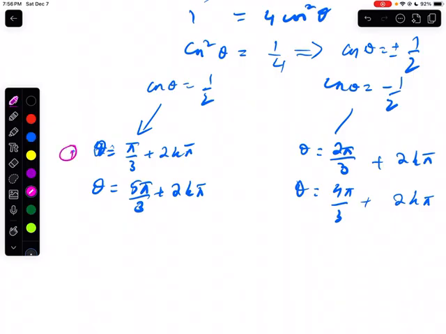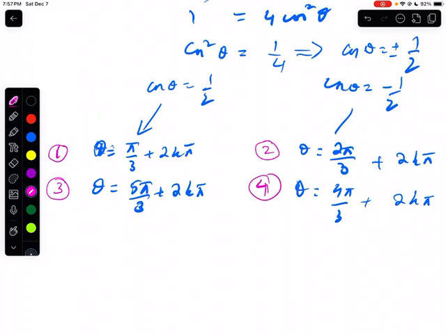So this is 1, this is 2, this is 3, and this is 4.